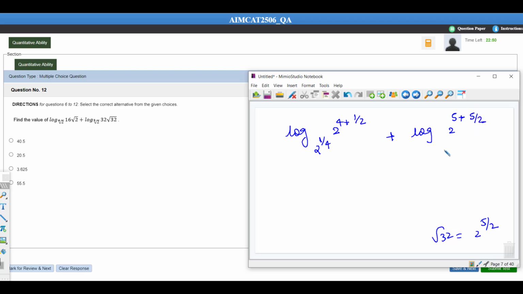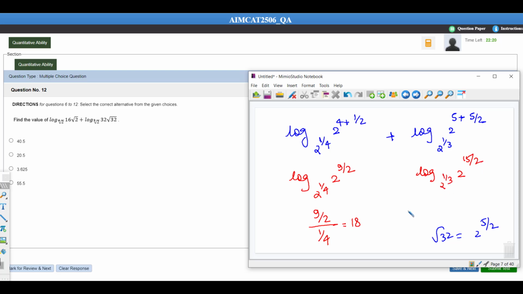And the base is 2 to the power 1 by 3, everyone. So the first term is log of 2 to the power 9 by 2 to the base 2 to the power 1 by 4. That is going to be 9 by 2 divided by 1 by 4, and this is going to be how much? 18. And this is going to be log of 2 to the power 15 by 2 to the base 2 to the power 1 by 3.